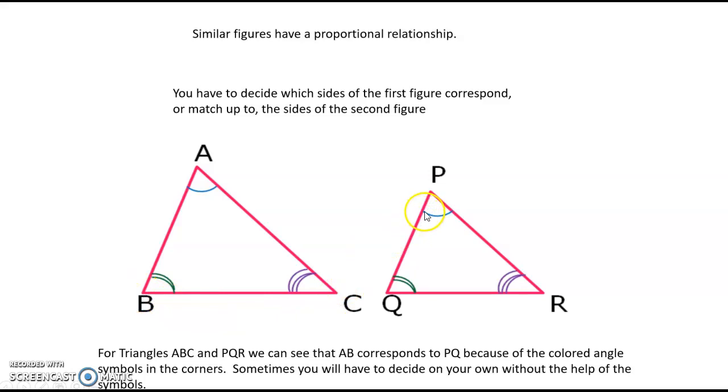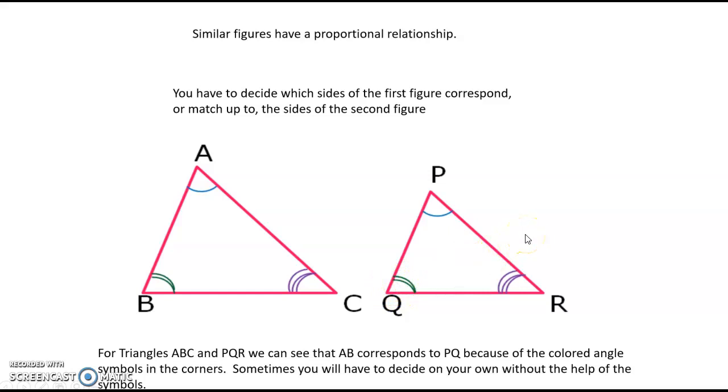Just like over here on the second triangle, the single blue arc and the double green arc, if we start at the single blue and go to the double green, that is PQ. So that's how we know that line segment AB and line segment PQ are corresponding.